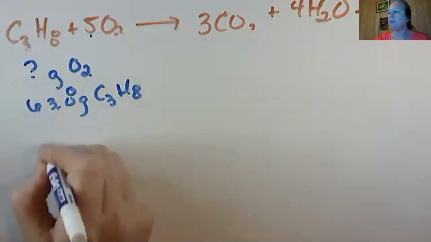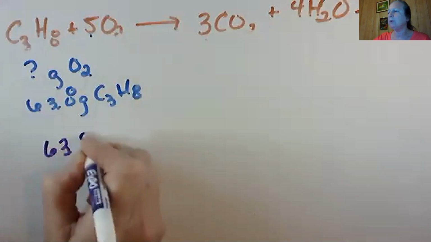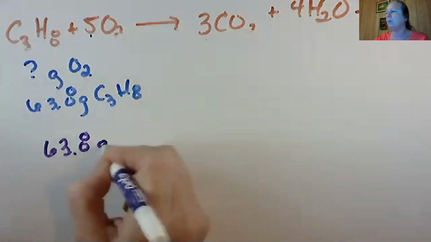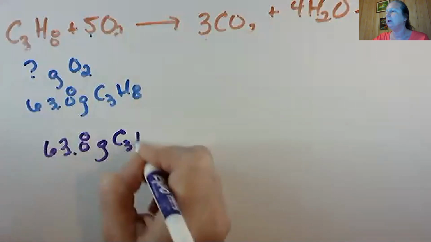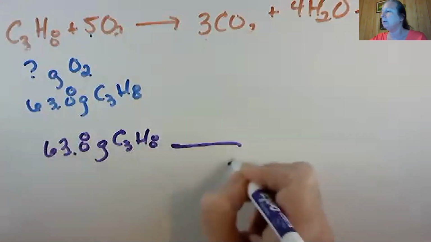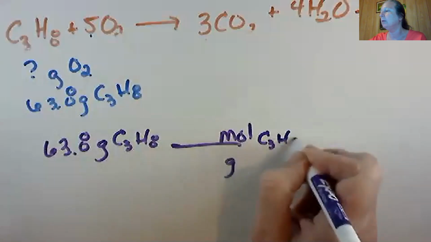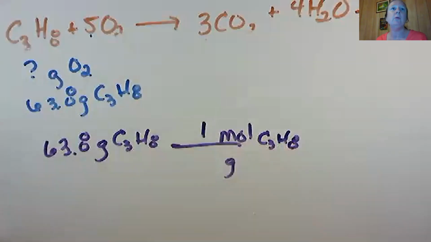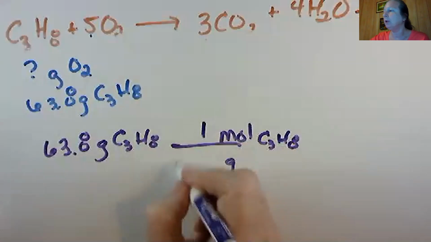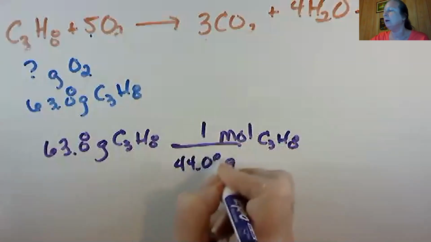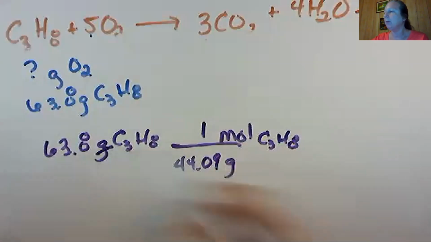So the very first thing we're going to do is convert something to moles. Well, what do I have in grams? I have propane. So when in doubt, convert to moles. You're probably on the right path. And using the slide that I'm looking at, so I don't have to add everything up, make sure my grams cancel out.